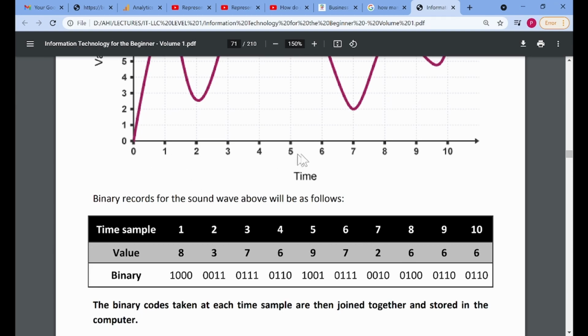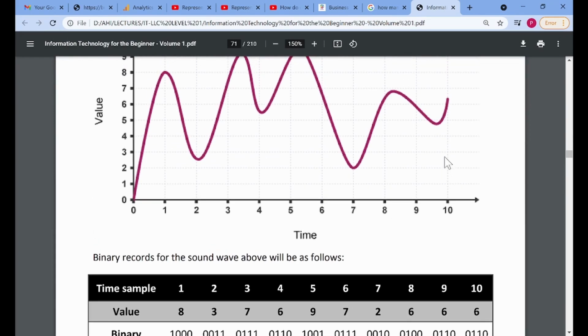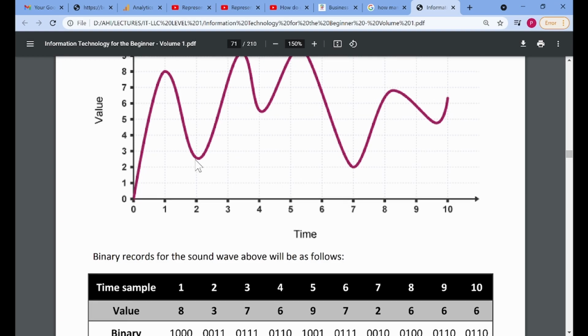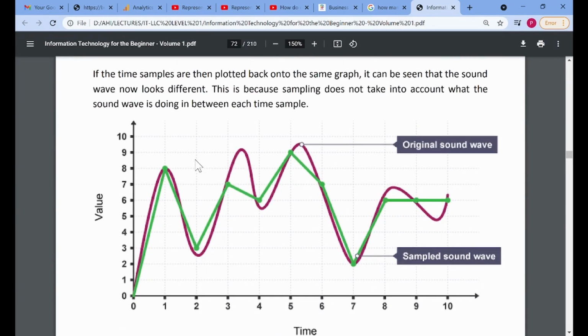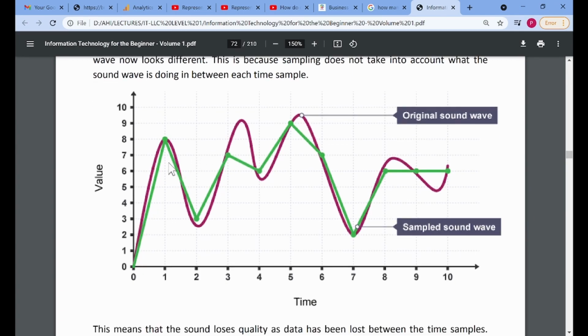You see the line here is about time. So let me just assume that this is 1 millisecond. So in 1 millisecond it will record. The next millisecond it will record.